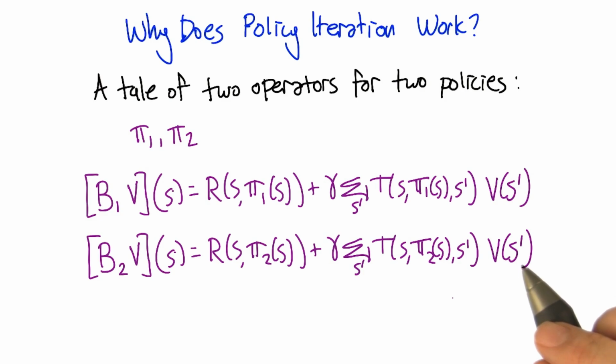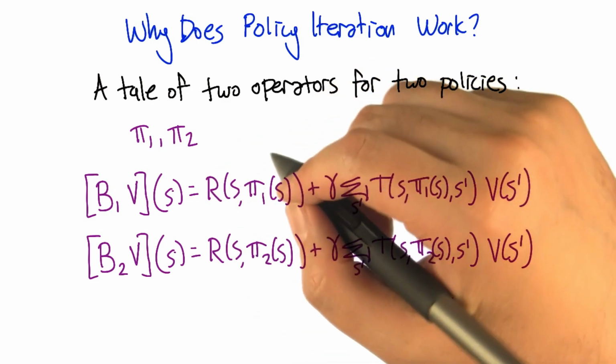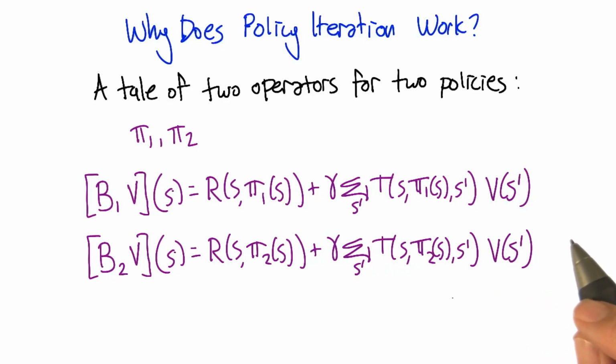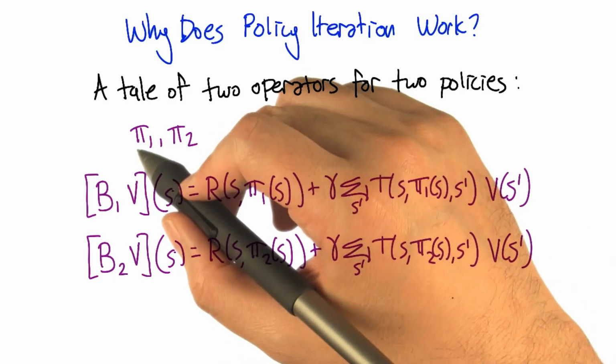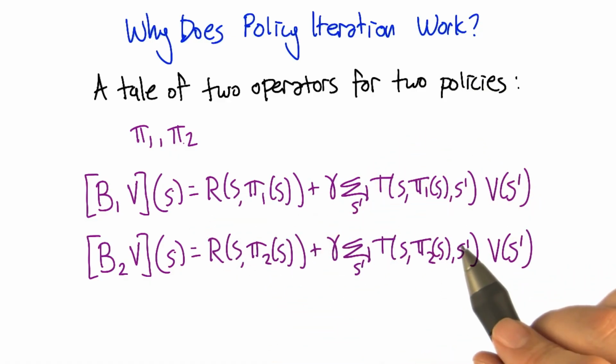In addition to this notion of domination, another thing that's going to be helpful is if I tell you a tale of 2 operators for 2 policies. Imagine we've got policy pi 1 and policy pi 2. We're going to define the one-step Bellman operator on those 2 policies.